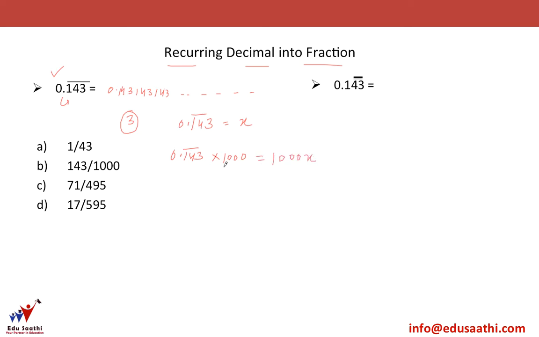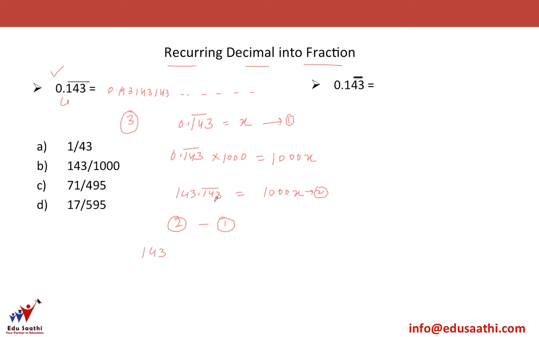So both the sides I multiply by 1000. So this will give me the answer as 143.143 bar is equal to 1000x. So now this is equation number 1 and this is equation number 2. I'll just subtract equation 1 from equation 2. So 2 minus 1. This will give me 143.